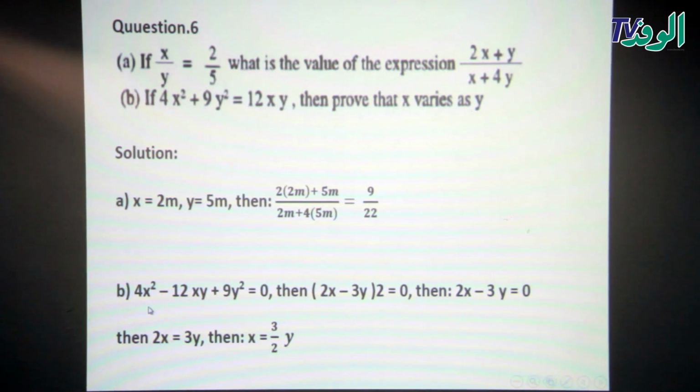We find it becomes 4x squared minus 12xy plus 9y squared equals 0. Using factoring, we get 2x minus 3y all to the power of 2 equals 0. Then 2x minus 3y equals 0. Move 3y to the other side, so we have 2x equals 3y. Then x equals 3/2 y, which means a constant times y. So now we proved that x varies as y.